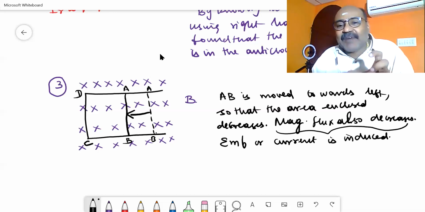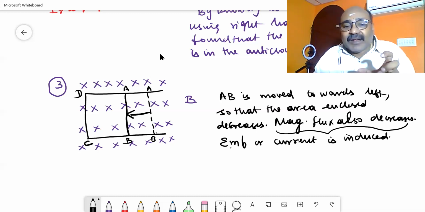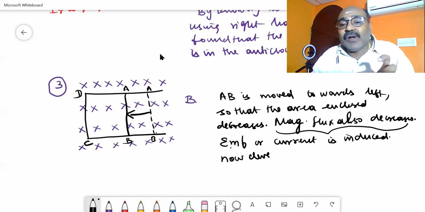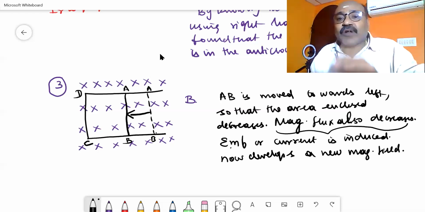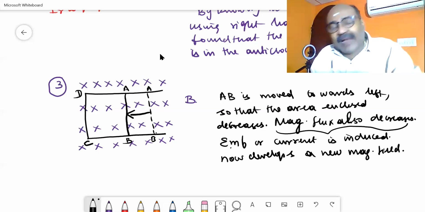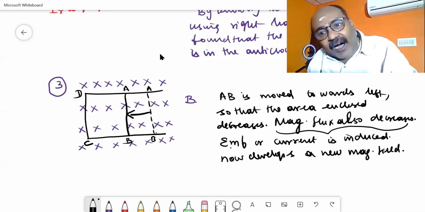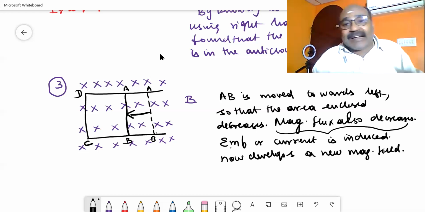How? Because this EMF or the current induced now develops a new magnetic field. In what direction will this magnetic field act? This magnetic field will now try to increase the original magnetic field because the flux is decreasing.